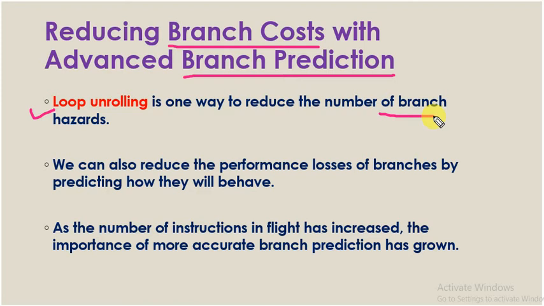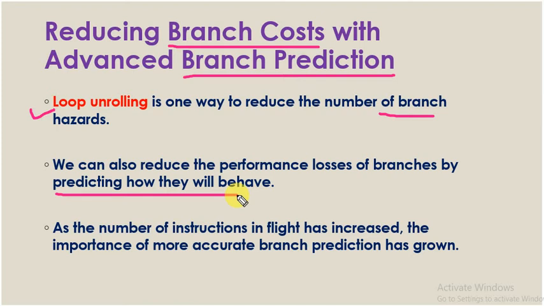If the number of branches is reduced, it will automatically reduce the hazards created due to branches or controls. So we can also reduce the performance losses of branches by predicting how the branches will behave.